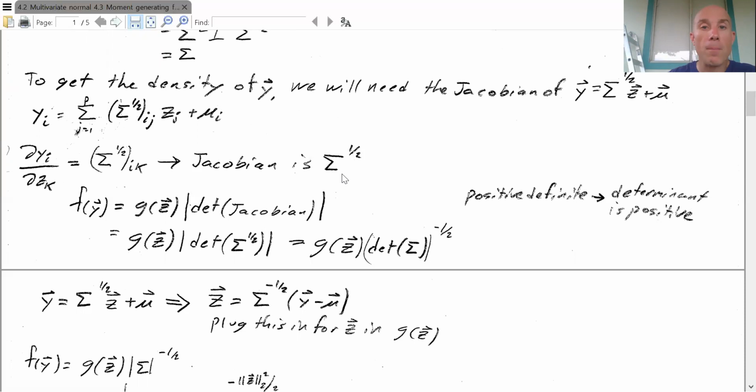When I take the square root, using some stuff that we haven't really talked about, I know the eigenvalues correspond to square roots of eigenvalues. Boom, it's going to be positive, so I don't need to worry about absolute value bars anymore. So I have g of the z vector times the determinant of the square root of sigma.